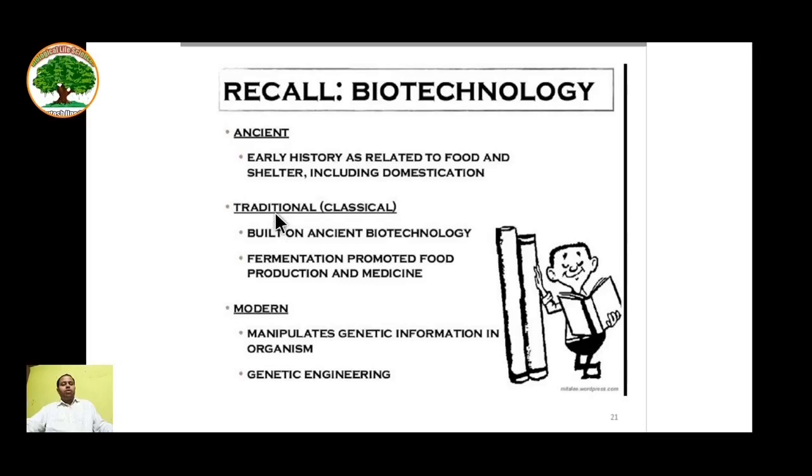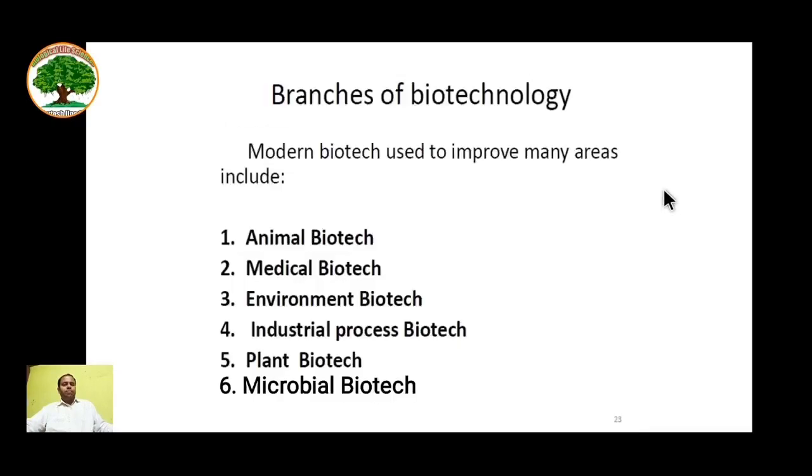Traditional biotechnology, that is the classical one, is built on ancient biotechnology, where people fermented foods and products like wine, beer, etc. were developed. And medicines were also developed from that. Modern biotechnology, that is today's biotechnology, involves manipulation of organisms and using them in a different, desirable format, and this is done through genetic engineering.